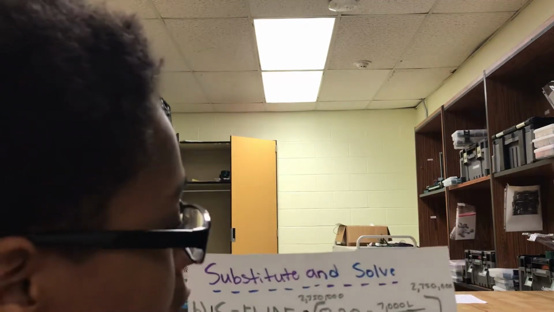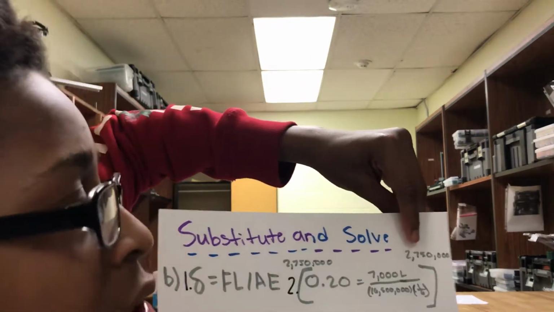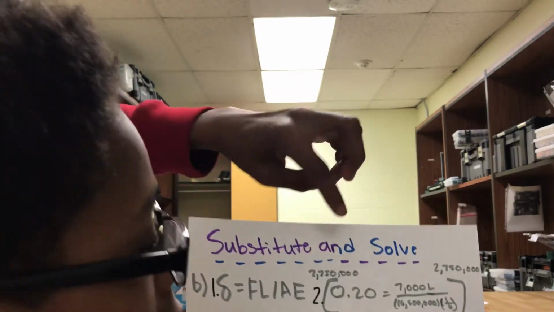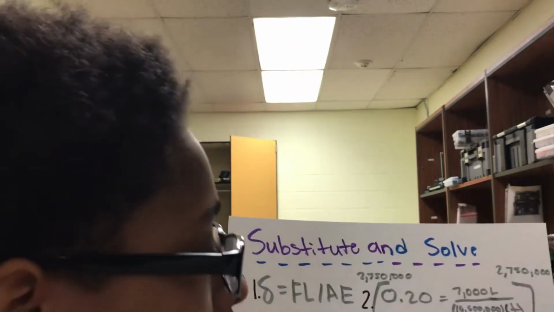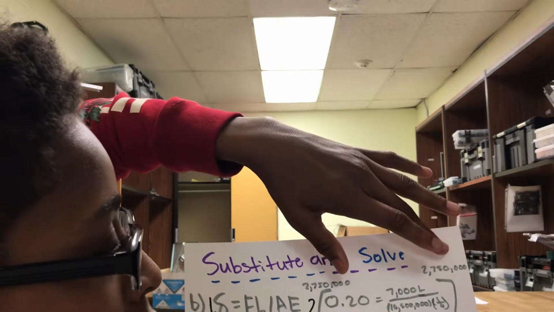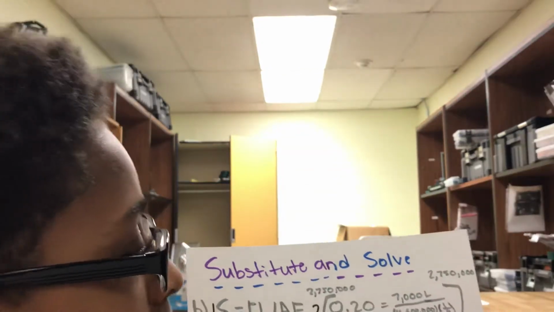Now, 16,500,000 times 1/6 comes out to be 2,750,000. And as we did in the previous problem, we must isolate the variable by multiplying by the denominator.